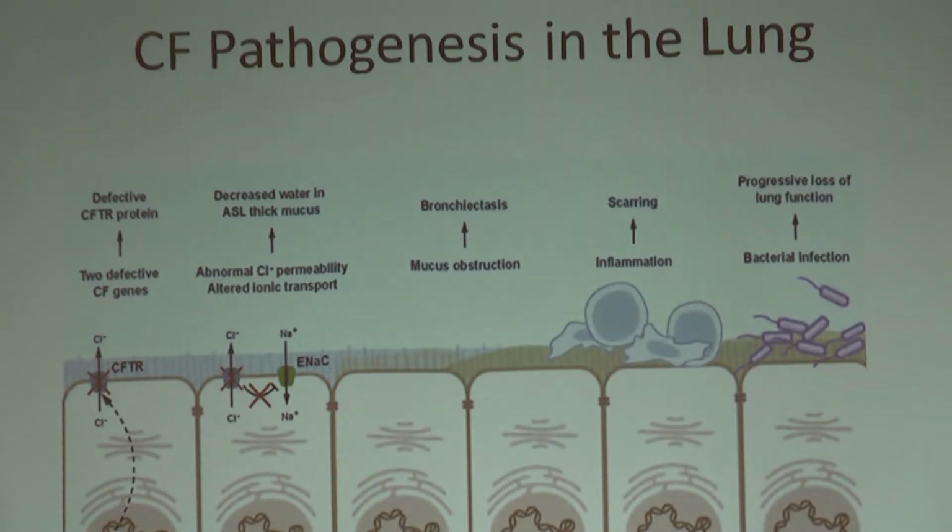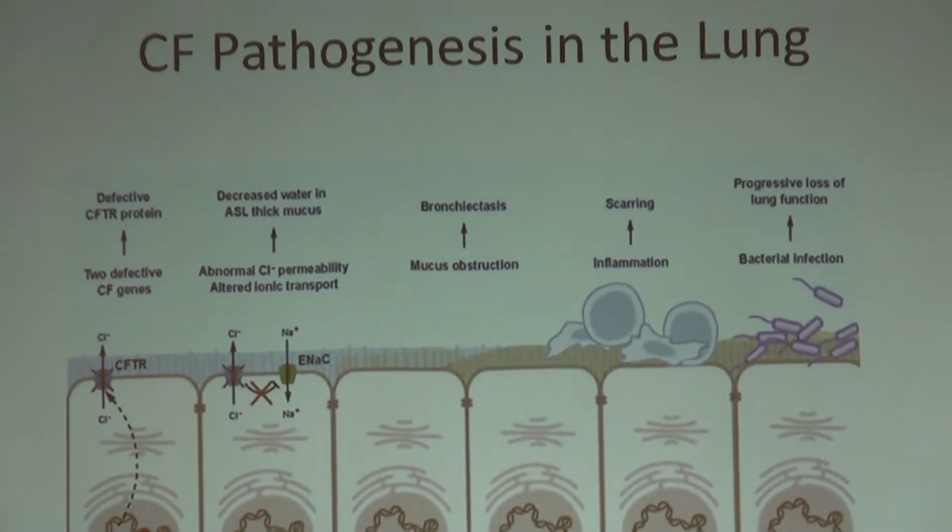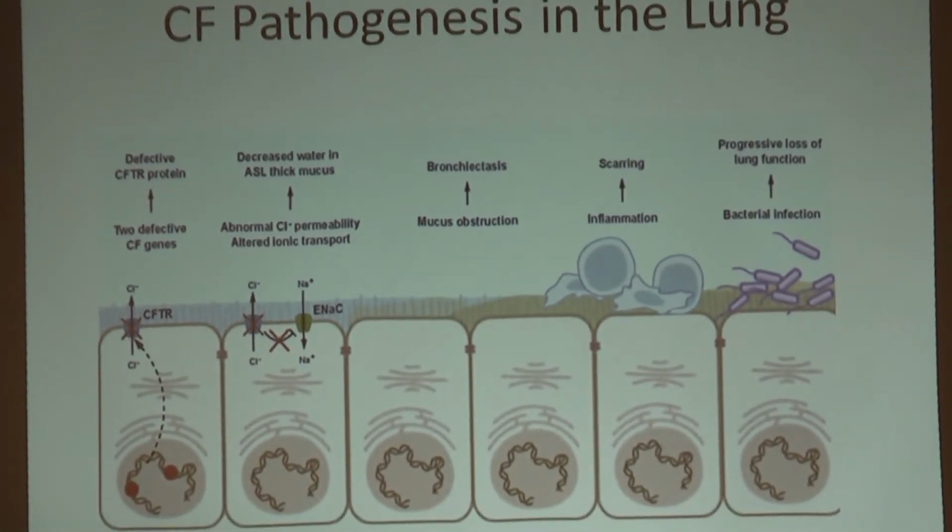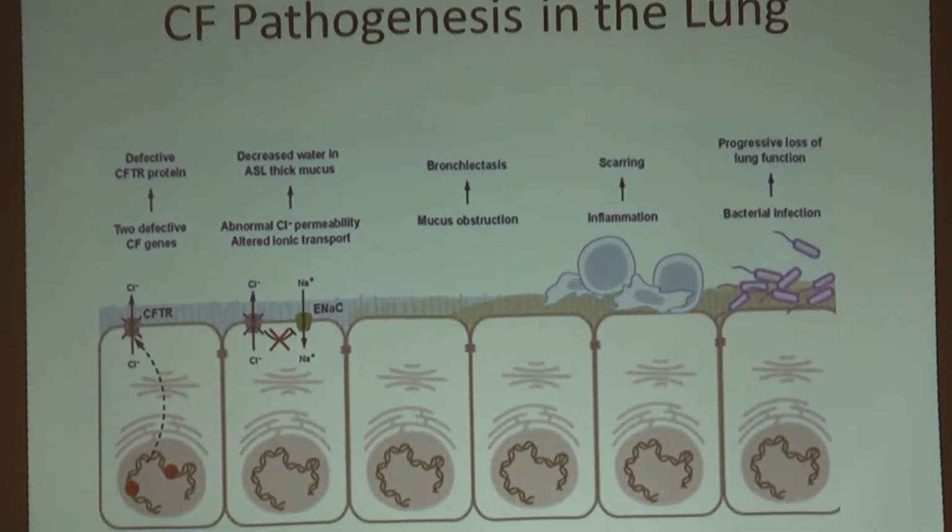Jeff went into some of the details about CF pathogenesis, so this basically just outlines it very briefly. We have this defective genetic material creating a protein that doesn't work properly. That has an effect on the way salt and water are secreted and absorbed, and the way mucus is secreted by mucus glands. That creates a situation where obstruction and abnormal mucus can lead to bacterial infection that triggers inflammation.